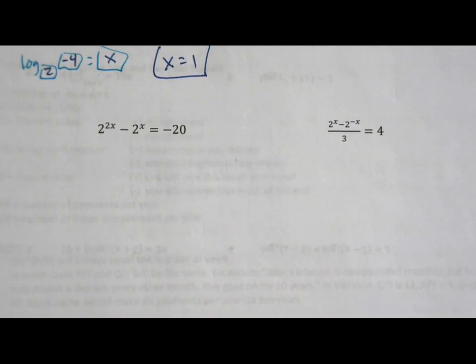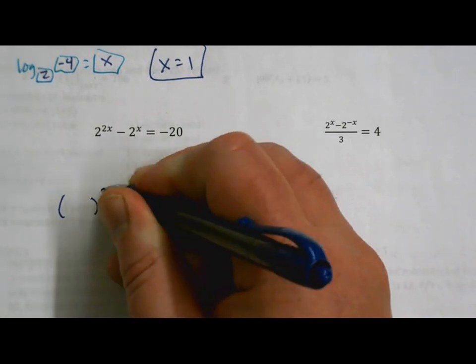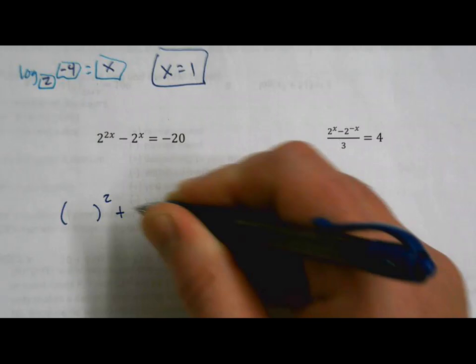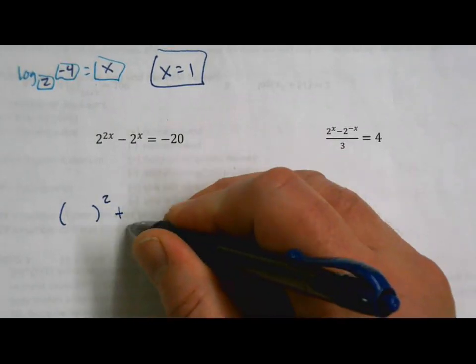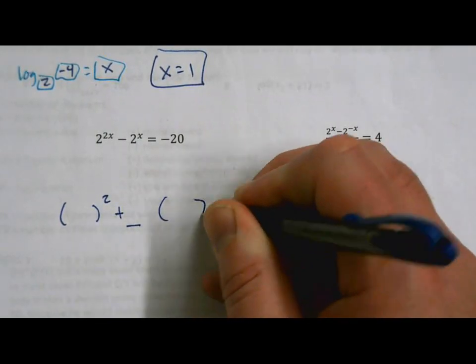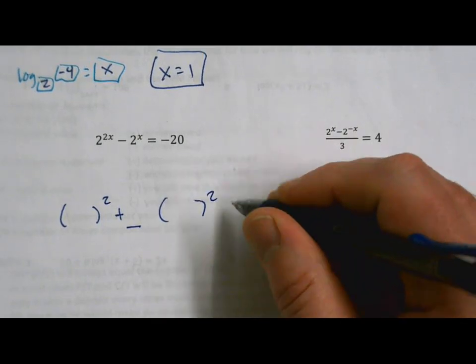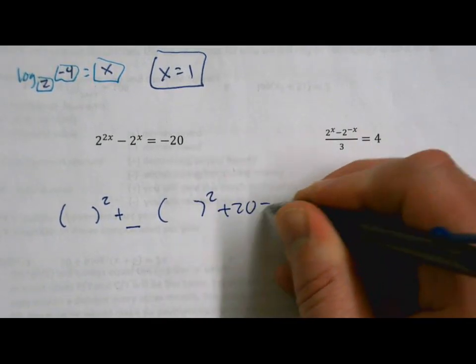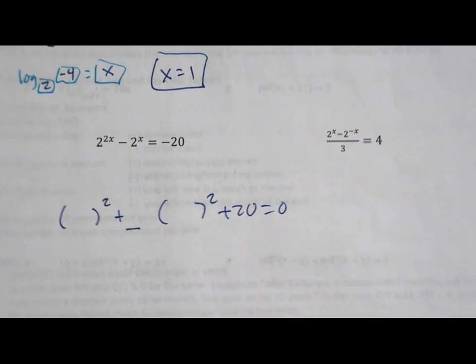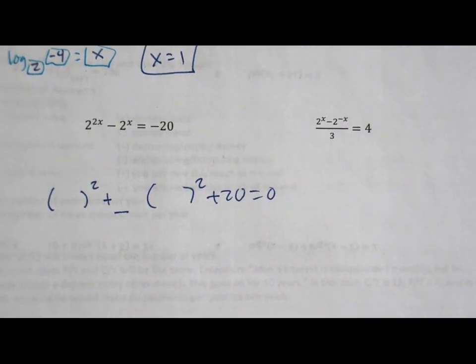And your ultimate goal is to make it look like something squared plus or minus something times something squared. Spoiler alert, you're going to have a plus 20 equals 0. And then once you get it to there, go ahead and do your W substitution and see if you can solve like we did in that first example on the top of the page.